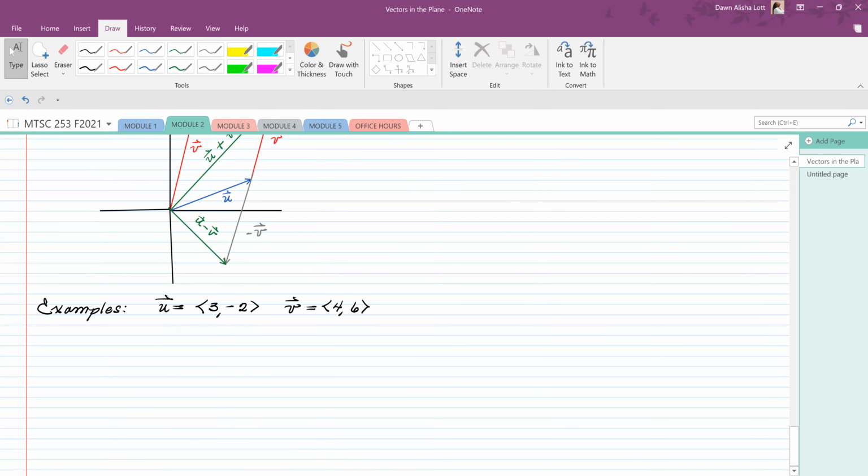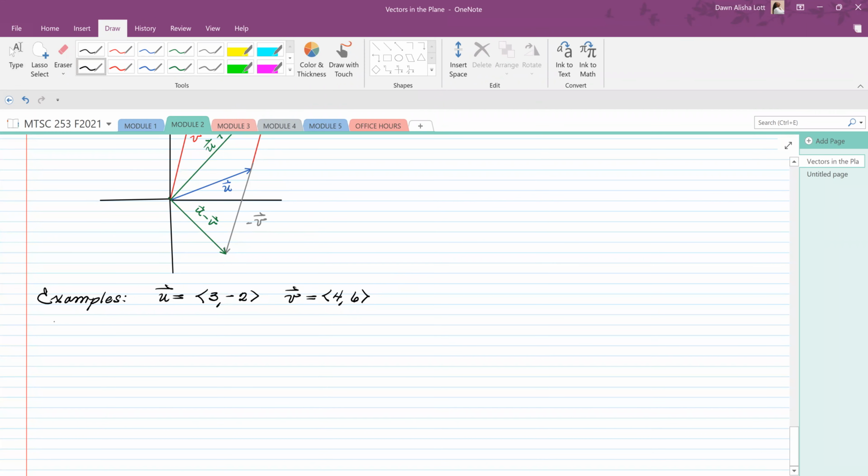Okay, so I want you to compute the length of U. I want you to compute U plus V. I want you to compute U minus 2V. And that's it. You get those right, I know you understand it.